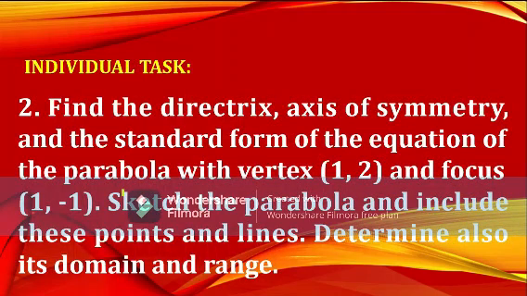So find the directrix, axis of symmetry, and the standard form of the equation of the parabola with vertex (1, 2) and focus (1, -1). Then sketch the parabola and include its points and lines. Then determine also its domain and range. Again, though it's an individual task, just use the same partner or by pair.